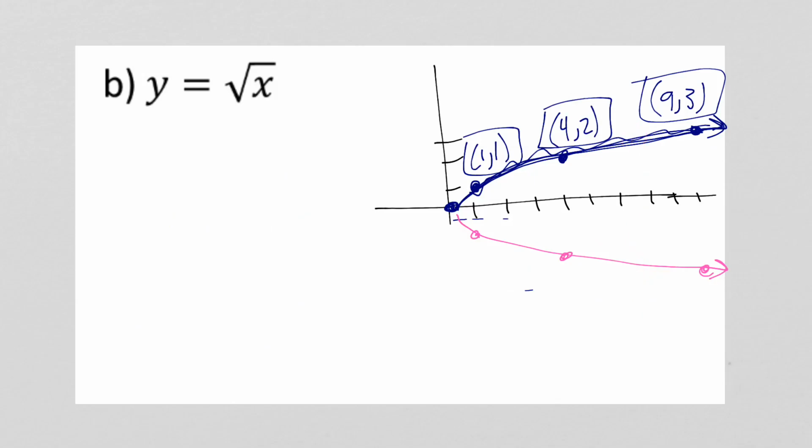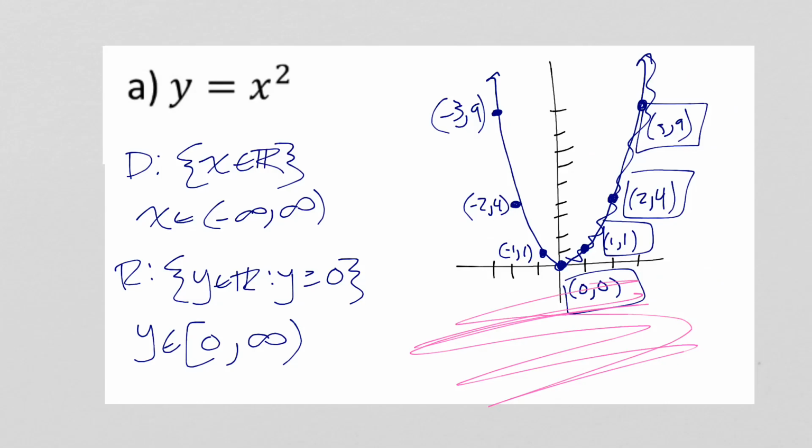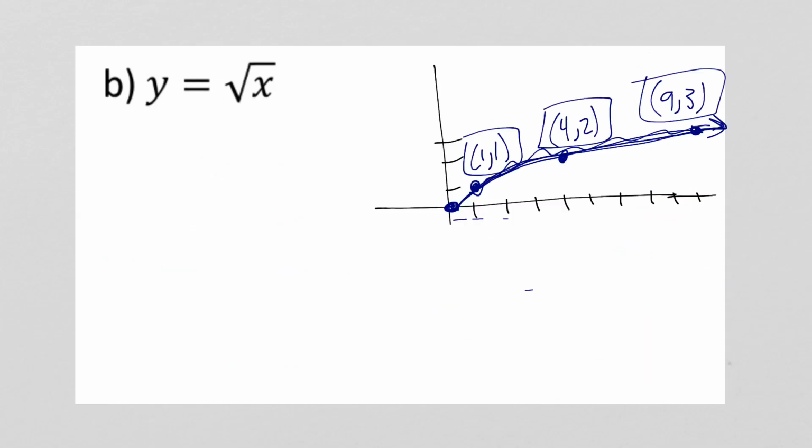So I'm going to undo that, but you should absolutely recognize that the square root function is just half of a parabola laid on its side. And that's important because if you think about this parabola, we have no negative y values down here, which translates on this sideways parabola to having no negative x values, because square root of x and x squared are inverse functions.